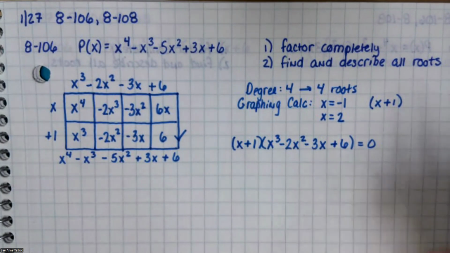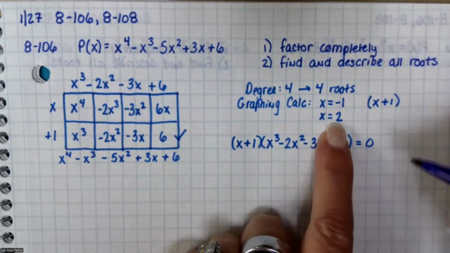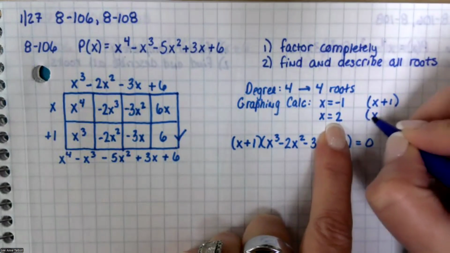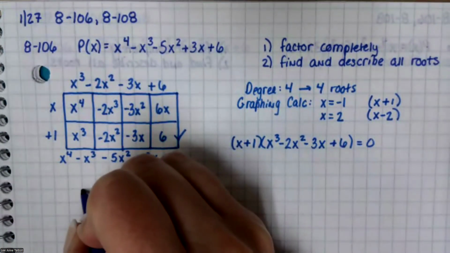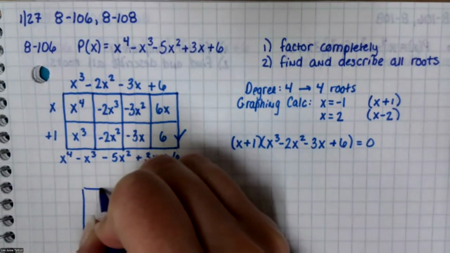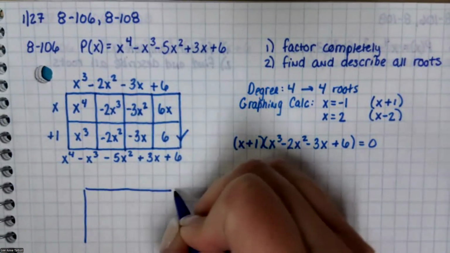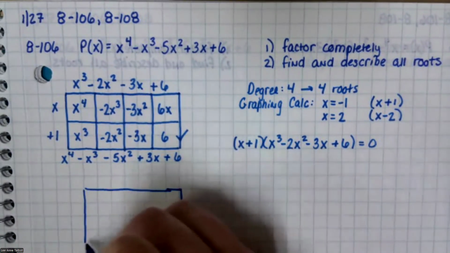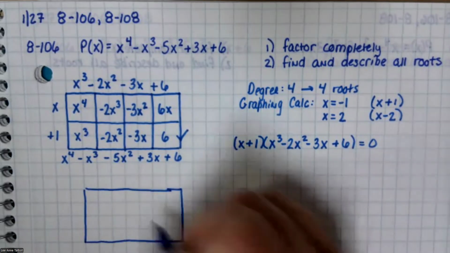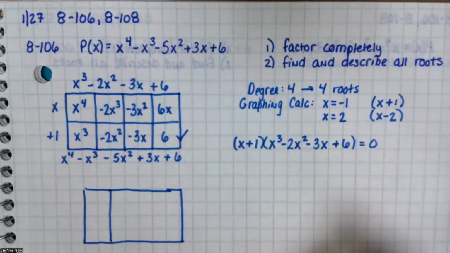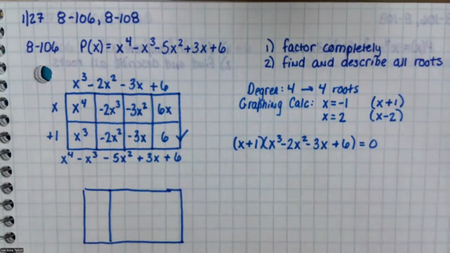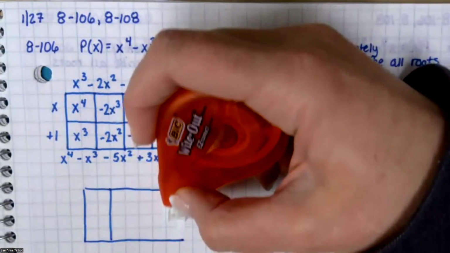Now I'm going to take my other root from my graphing calculator and change it to a factor and make myself a 3 by 2. Oh no, what happened? I have an uneven amount of boxes. Yikes.